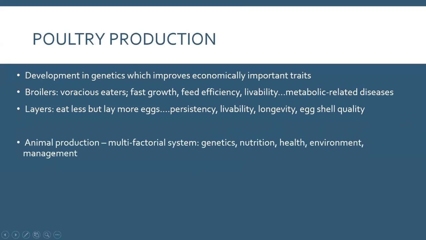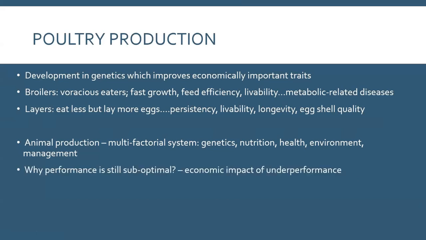So with these animal production systems, we consider a lot of factors: genetics, nutrition, health, environment management. And all these factors should play well with each other. There's no single factor that we should identify and improve on. So everything must come along well.